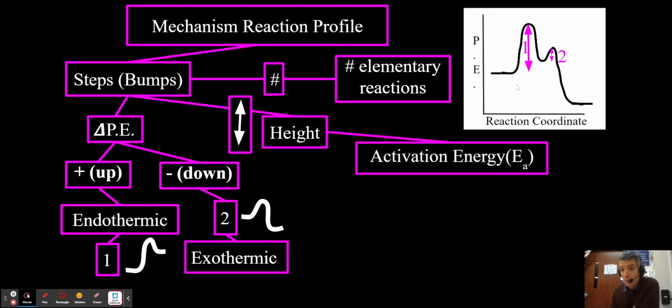This is going to be really important for a mechanism because the mechanism often has a slow and fast step. The activation energy is one huge factor that determines which is the slow or fast step. And you probably have guessed it. The bigger the hill, the higher the activation energy.